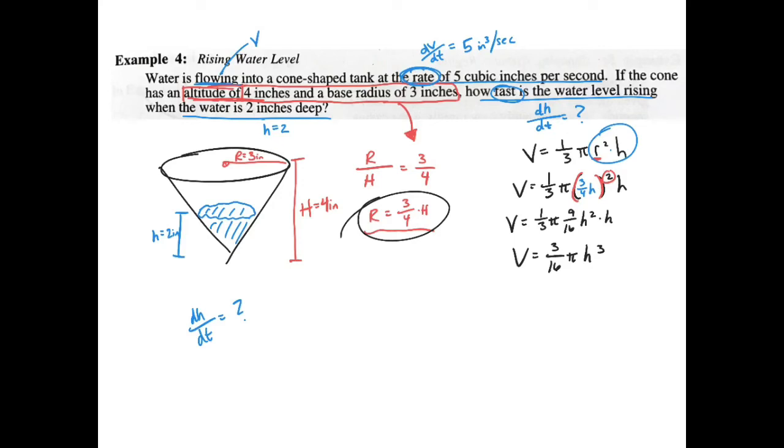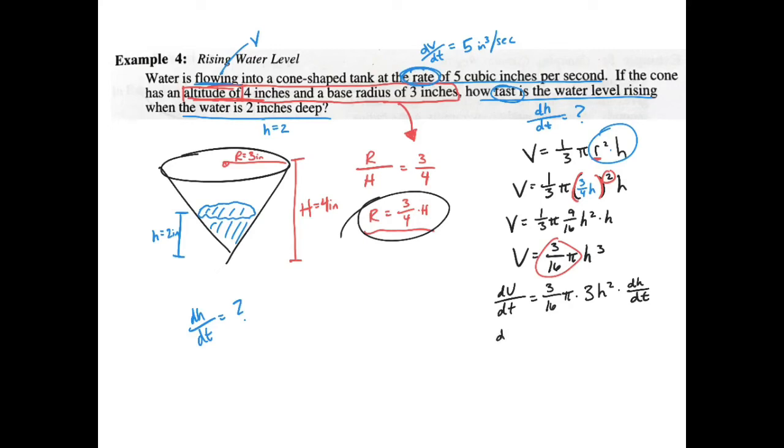Alrighty, and from there I can do my calculus. So my calculus would be the derivative of volume, dV/dt. And I have a constant multiplier of 3/16 pi. So 3/16 pi, and then the derivative of h cubed will be 3h squared dh/dt. Cool.